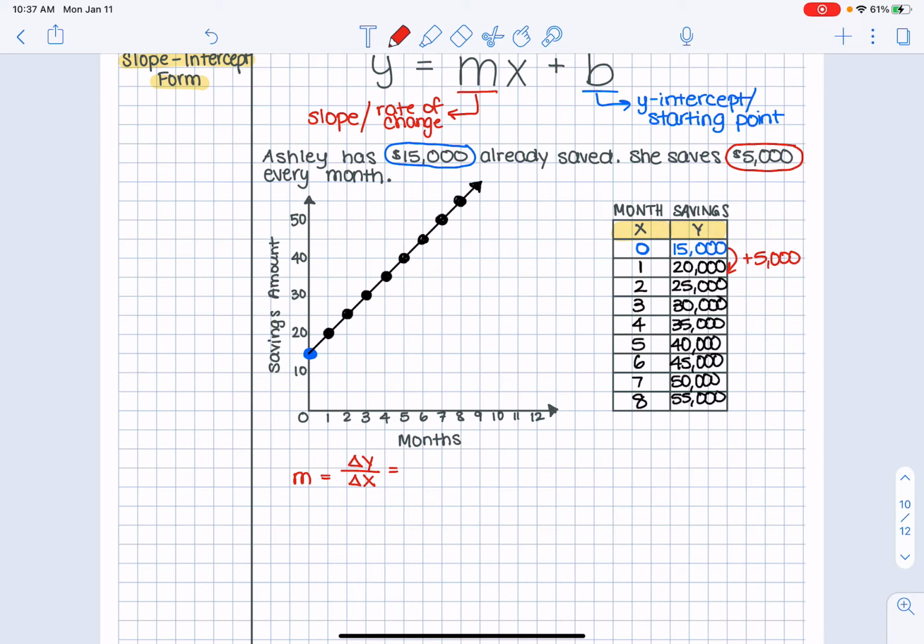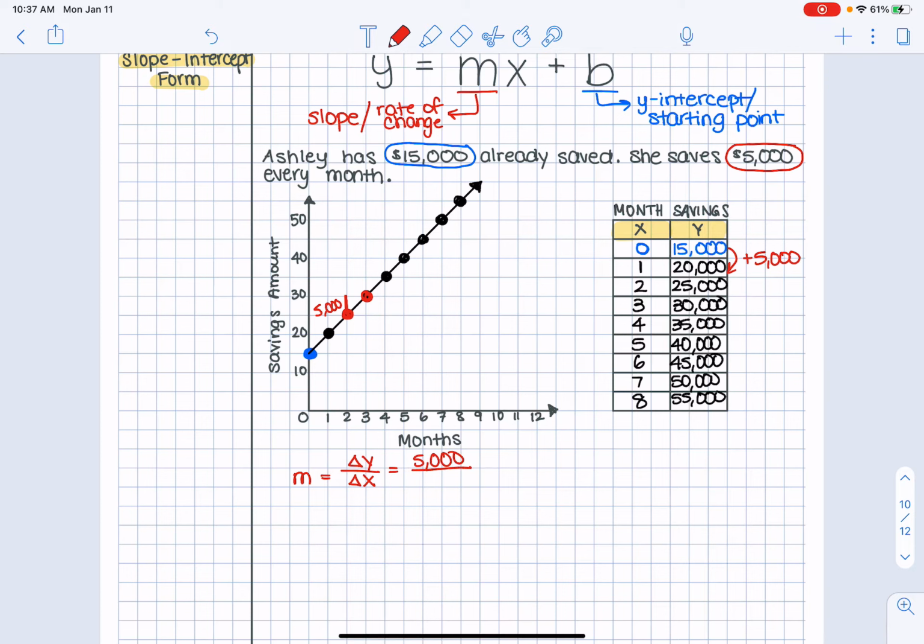Same thing here, if I look at my change in x between 2 points, if I pick, let's say, this point and this point, my change in y is 5,000, right?